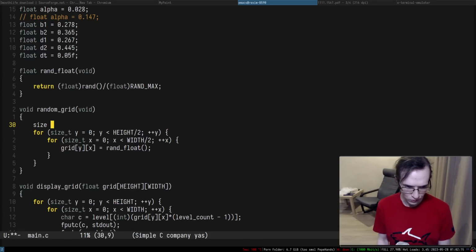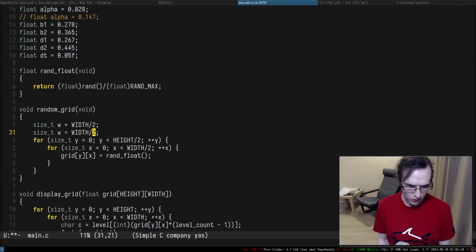So we can just do something like width divided by 2, and height divided by 2 as well, right? And let's say that I'm going to be iterating through this entire stuff, but this is not y, it's dy and dx.